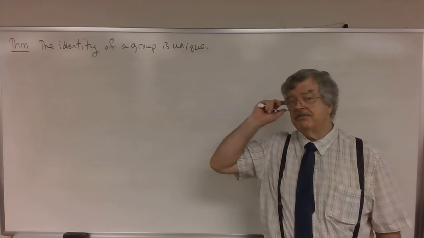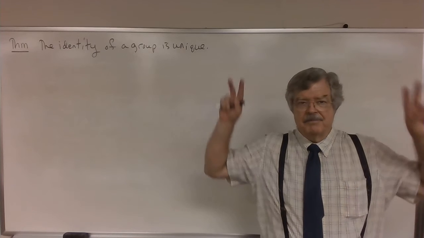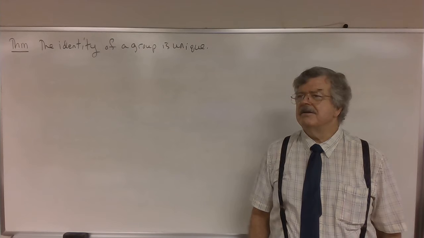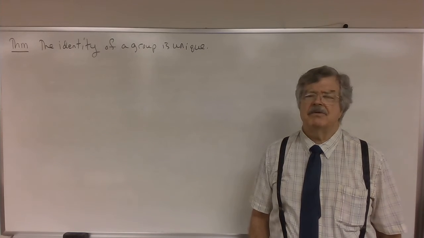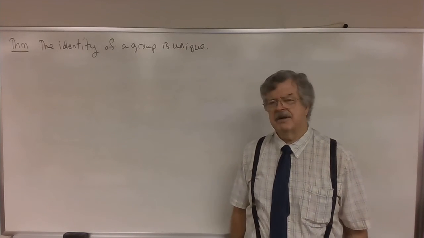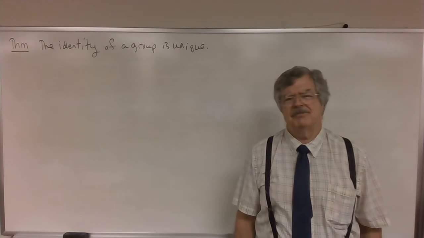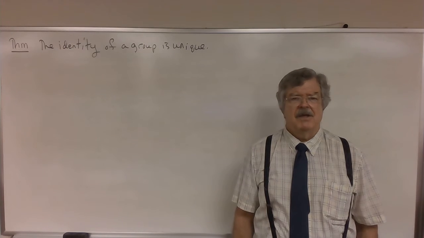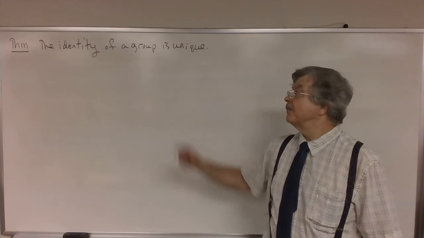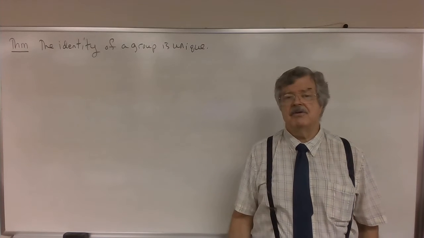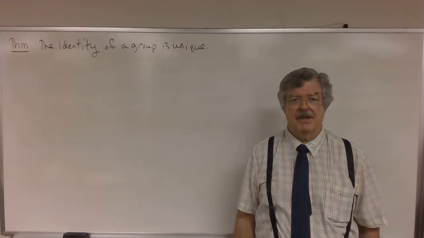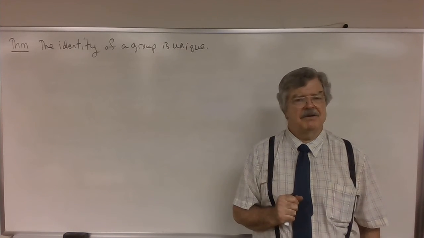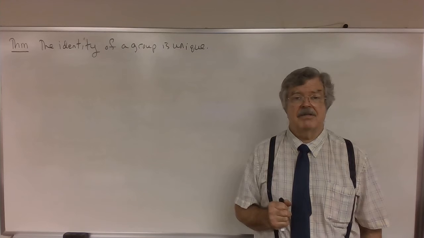Both of these theorems have proofs which are what we call uniqueness proofs. I won't say 100 times out of 100, but 99 times out of 100, whenever we try to show that something is unique, we use the strategy that we're about to employ in proving these 2 theorems. So uniqueness proofs are things that we're going to have to learn how to do if we're going to stay in math.